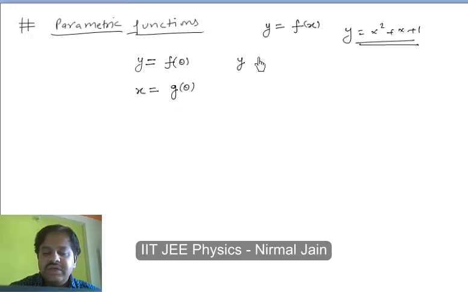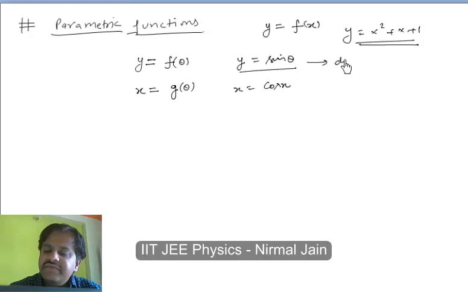For example, y = sin theta and x = cos theta. If we are asked to find dy/dtheta, we can easily find it, and we can very easily find dx/dtheta.